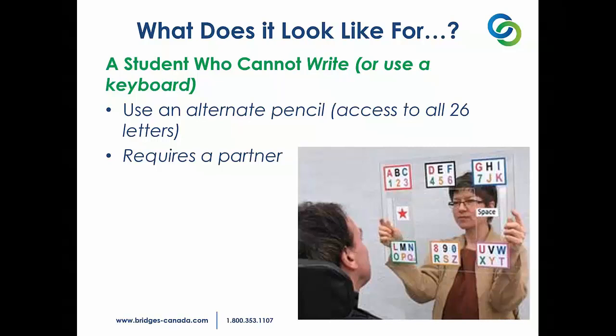It requires a partner who will then transcribe those choices for the student. You can imagine that this is a painstaking process, but for some of our students, this is the first way that they'll be able to really start to compose their own messages.